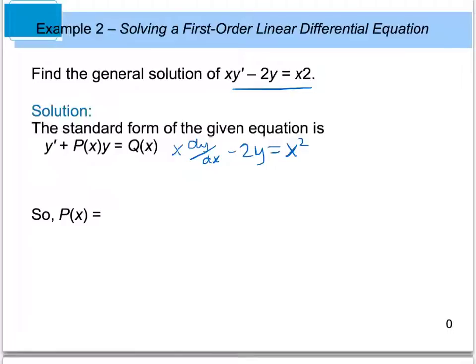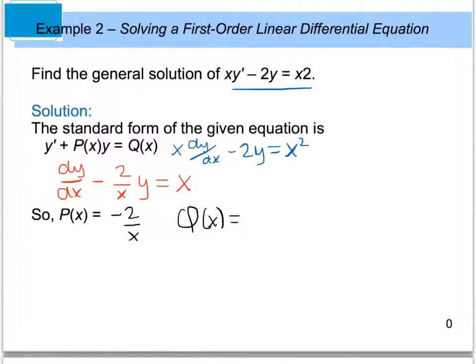So if I divide everything by x, I end up with dy/dx minus 2 divided by x times y equals, and then x squared divided by x is just x. So now I know that p(x) is equal to negative 2 divided by x, and I know that my q(x) is equal to x.